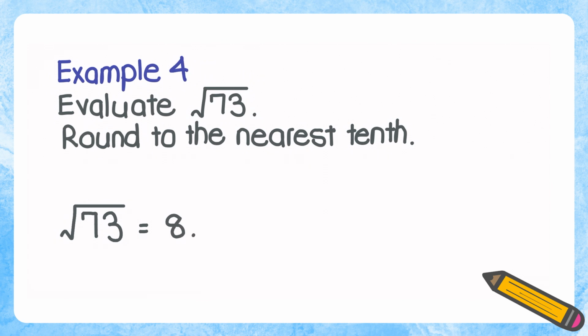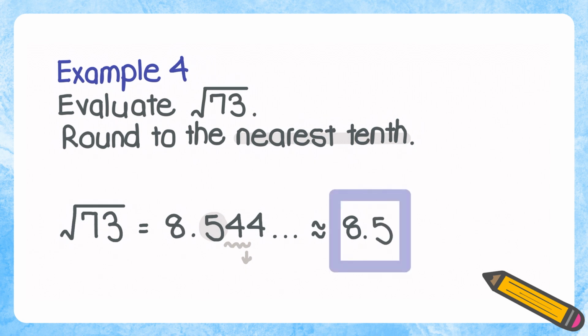So using our calculator, we found that the square root of 73 is 8.544, and the decimal keeps going, but we're just going to round to the nearest tenth. In this case, we would round down. So the square root of 73 is approximately 8.5.